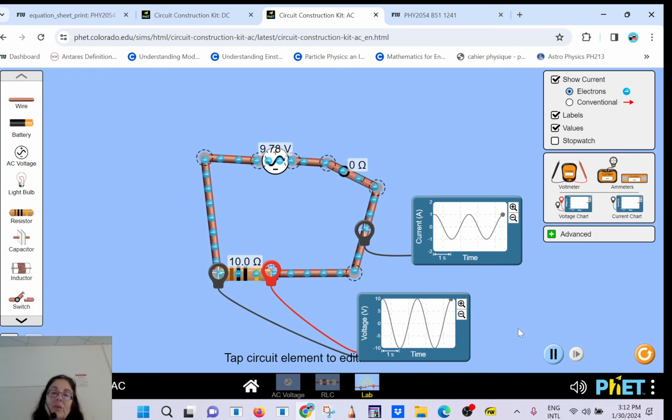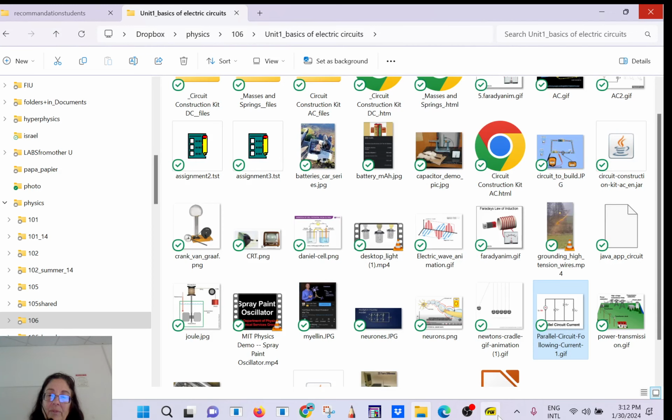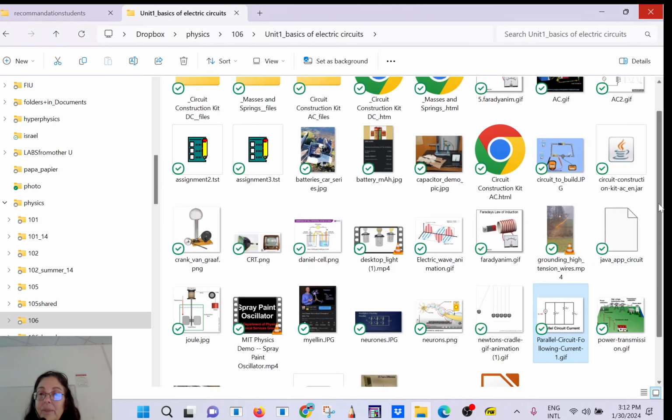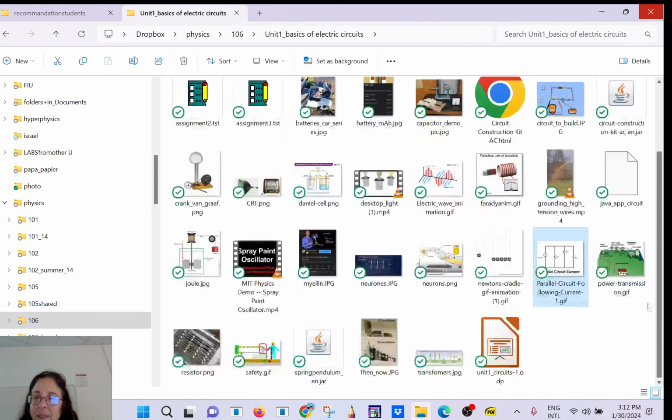Then it will be very much like a simple harmonic motion. I'm sure I already showed you that last semester, but let's see if I have it.